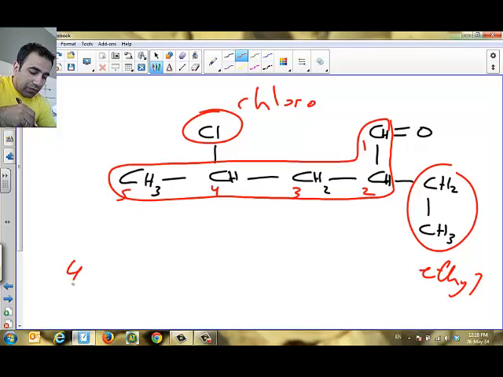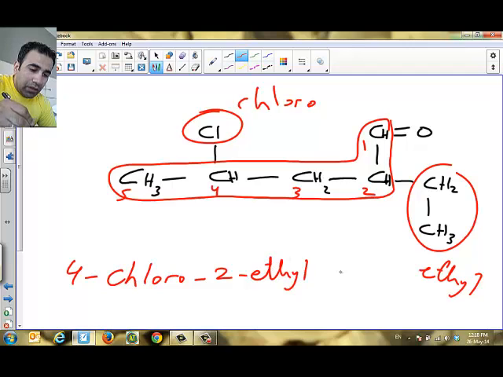So we say 4 chloro, 2 ethyl, and because it has 5 carbon atoms and it belongs to aldehyde, there is no need to write the number 1 for the aldehyde, because in aldehydes the C double bond O should always be at the first carbon. So just write its name, pentanal. It ends with Al.